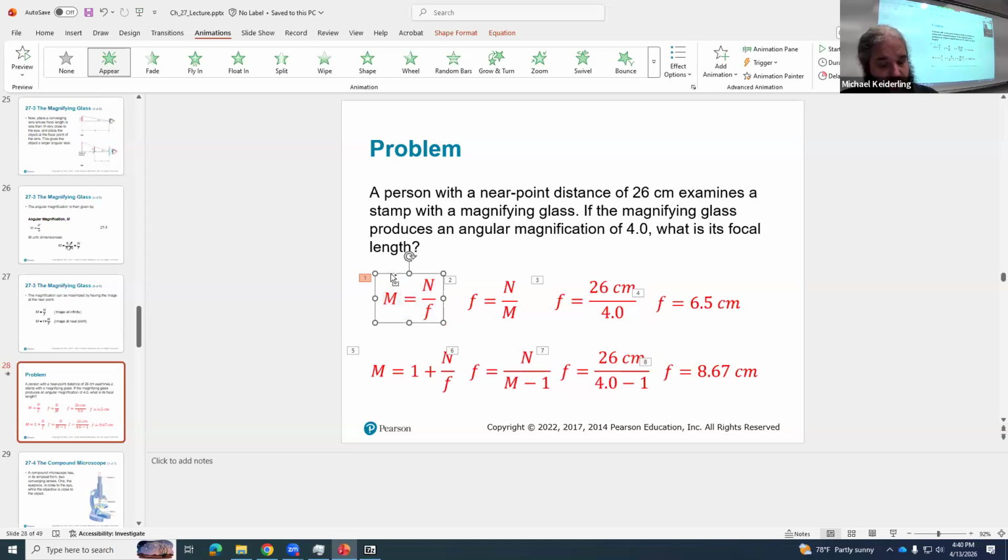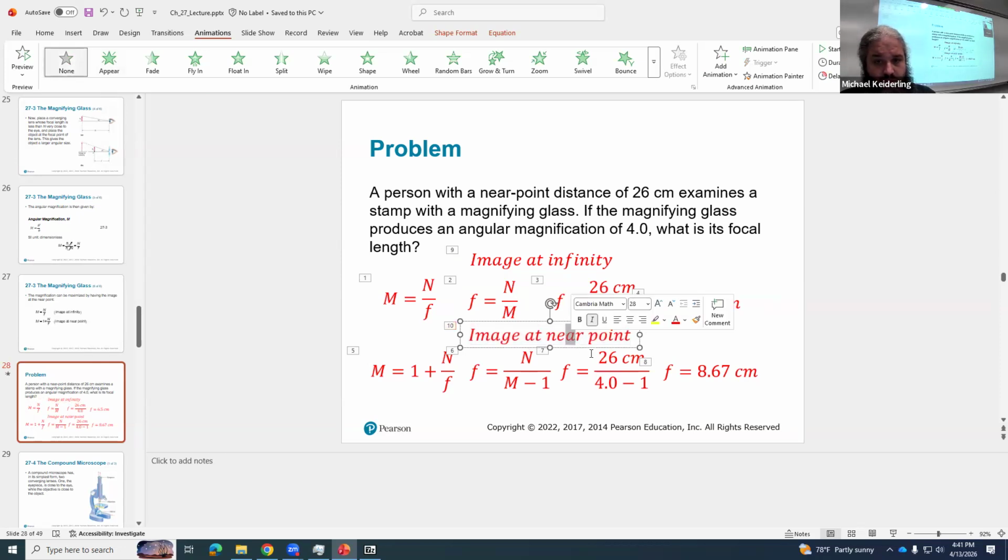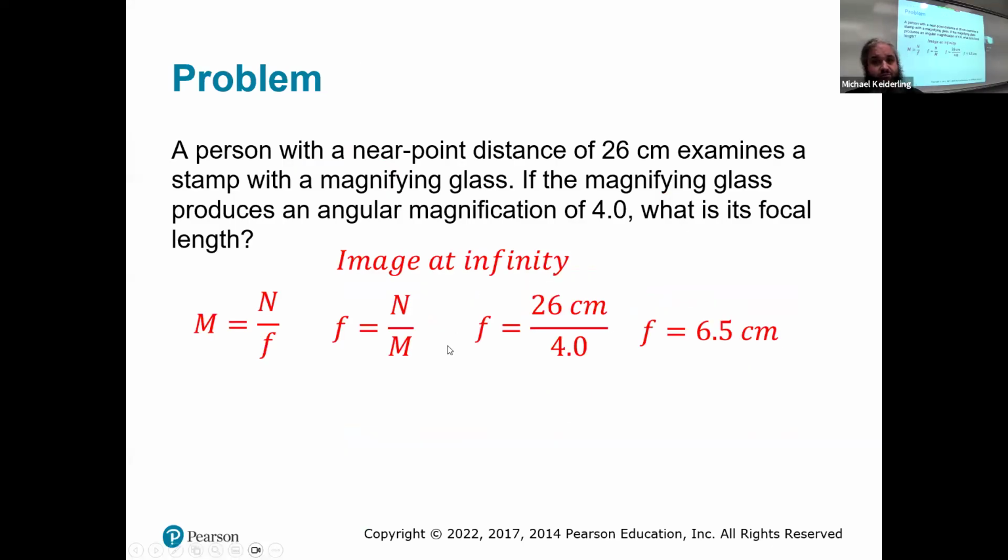Let me make this a little clearer. So if the image is at infinity, the focal length will be 6.5 centimeters.